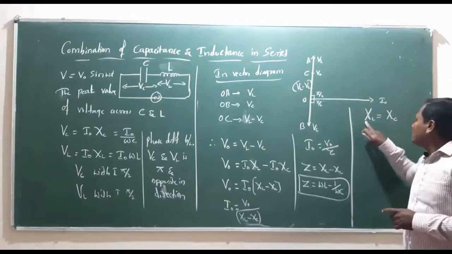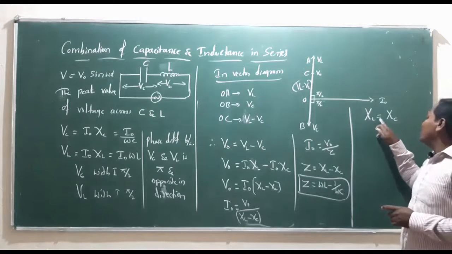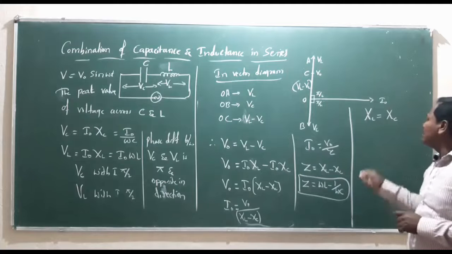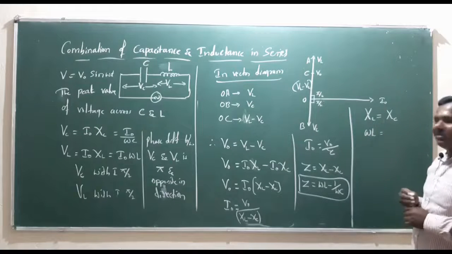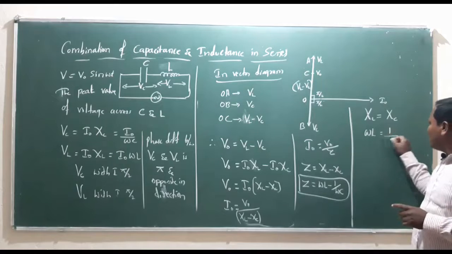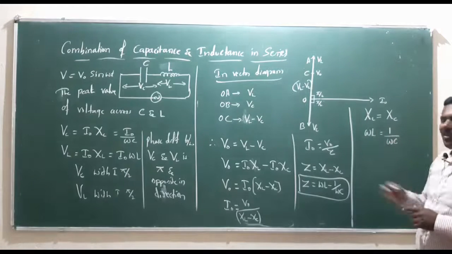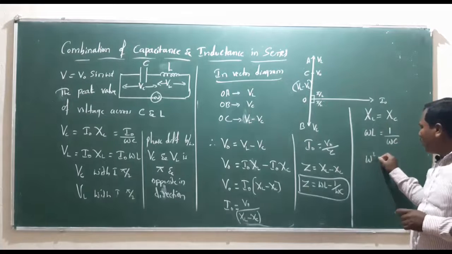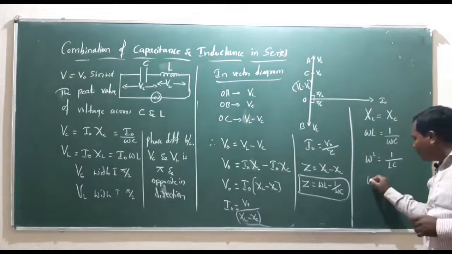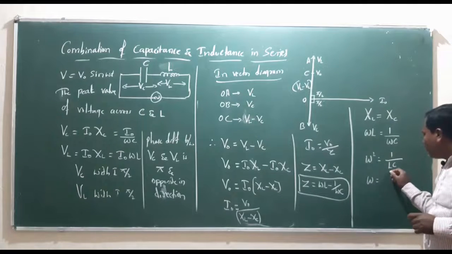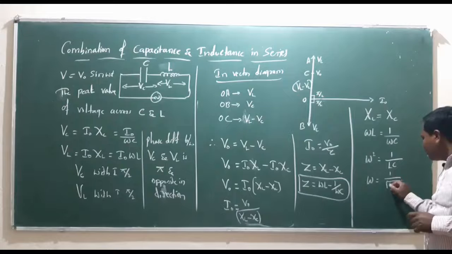Here chi of L is equal to chi of C, so omega L is equal to 1 over omega C. If we cross multiply, omega square is equal to 1 divided by L into C. Therefore, omega is equal to 1 divided by square root of L into C.